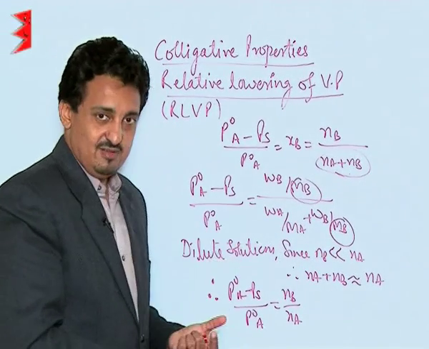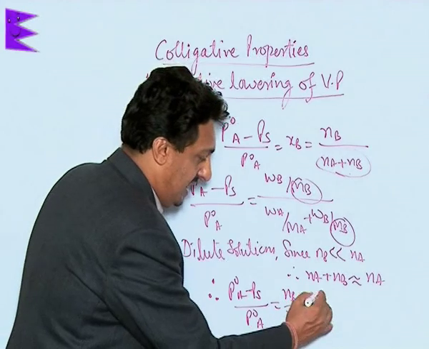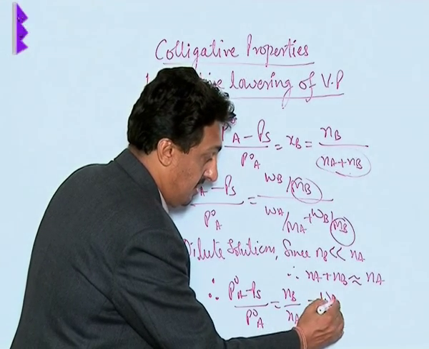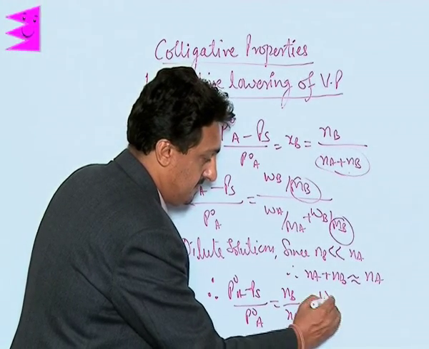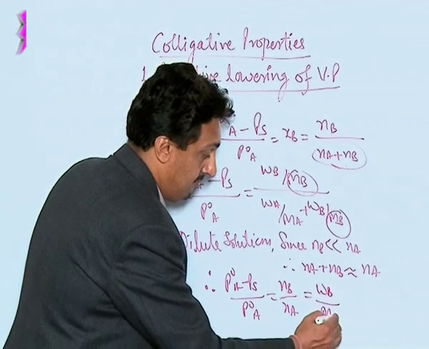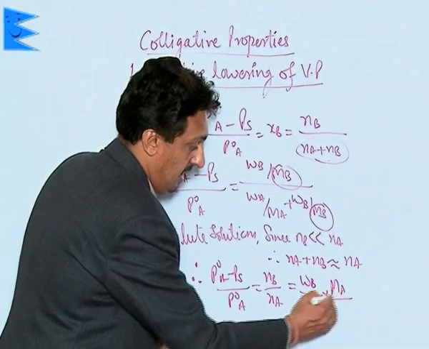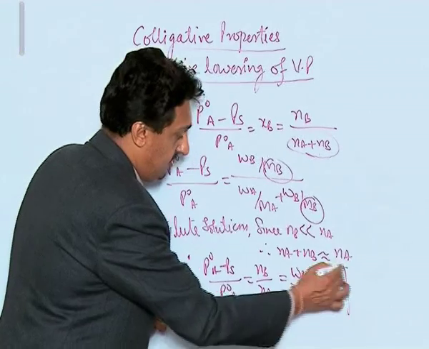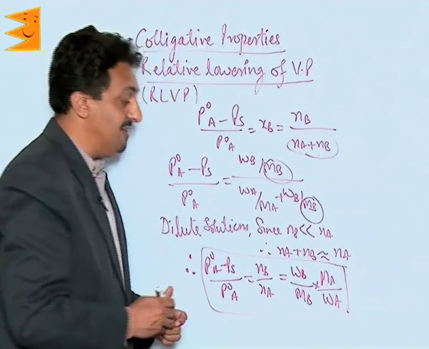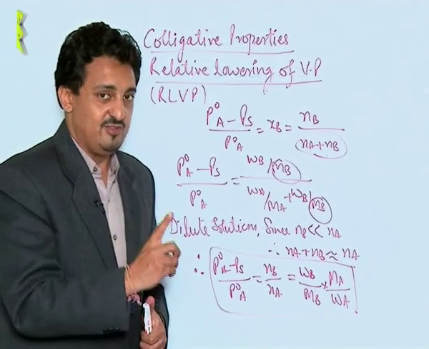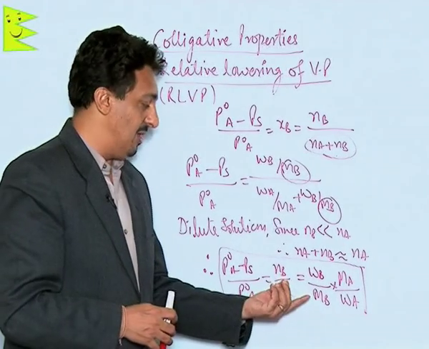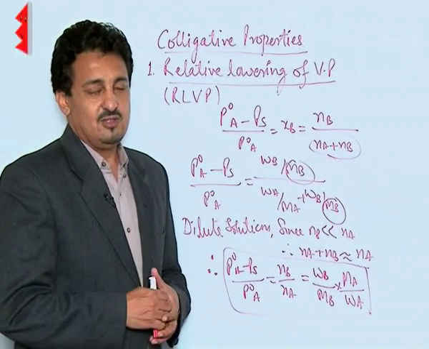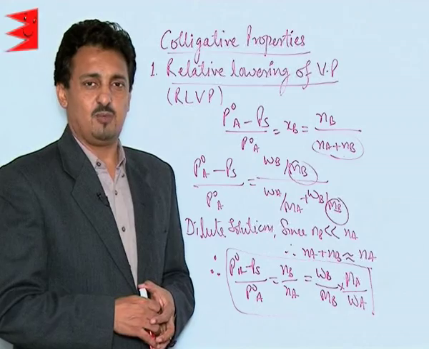Nb is neglected because it is very small. So we can write it as Wb Mb over Ma Wa. We can use this formula only when we have dilute solutions, to find out the molecular masses of the solutes through the RLVP colligative property.